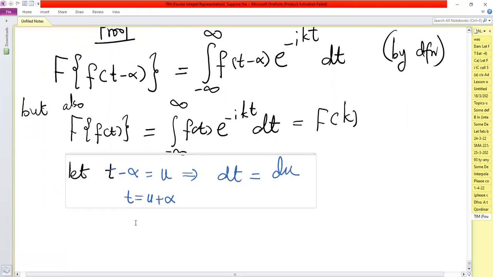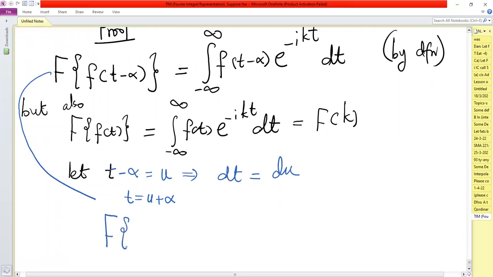Remember these are limits for t. When t is infinity, then u is also infinity, and when t is negative infinity, u is negative infinity. So the limits are not changing.